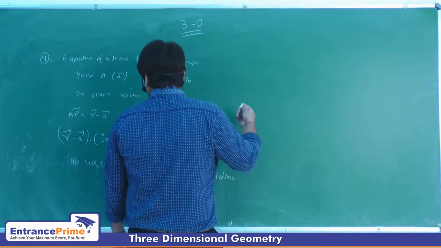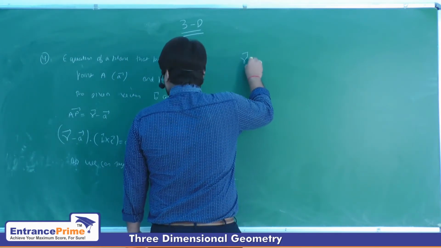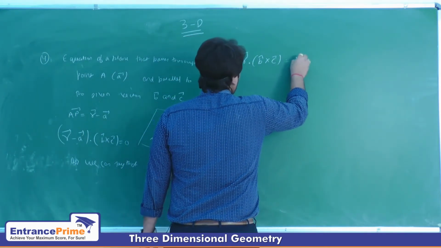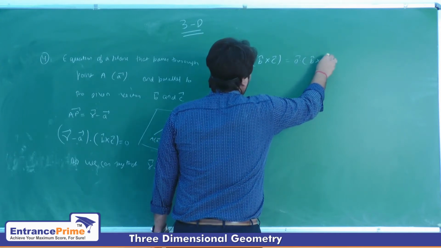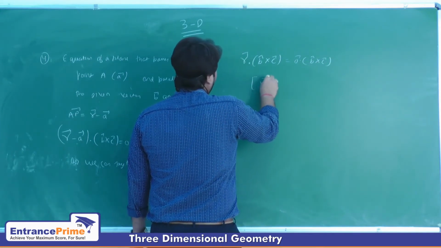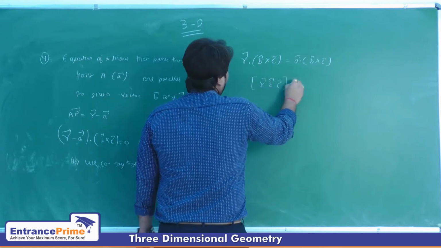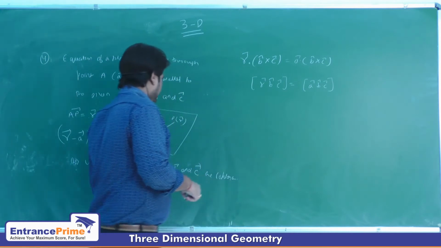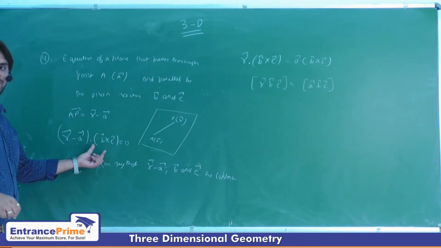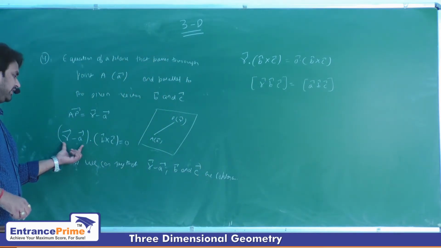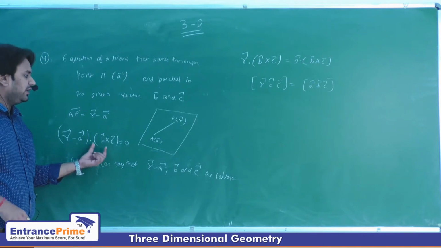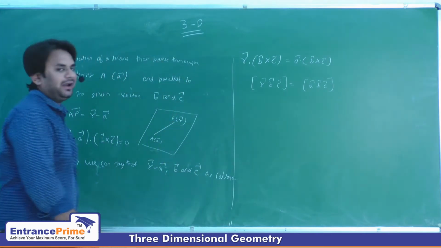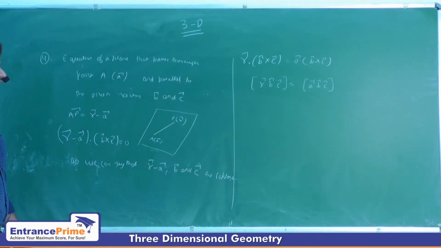So it will give you R dot B cross C equal to A dot B cross C, implies this is box product of RBC, that will be equal to box product of ABC. So R minus A dot B cross C will be equal to 0, because R minus A vector is perpendicular to B cross C. So this is the vector form of the plane that is passing through vector A and parallel to given vector B and vector C.